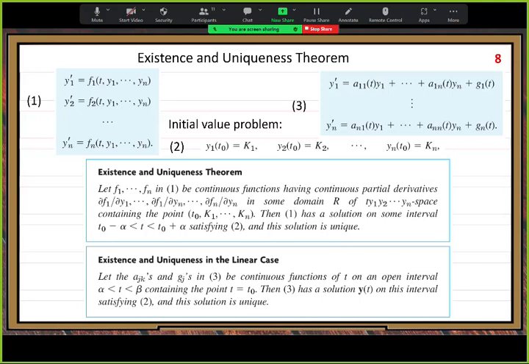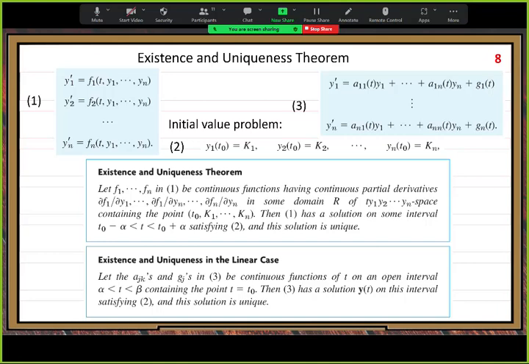Here you can see for the second version, the linear case, we only need the A functions and G functions to be continuous. Because the partial derivative is simple: when you take the partial derivative with respect to y, the y part is gone, you get the A part, and the G part is all gone.